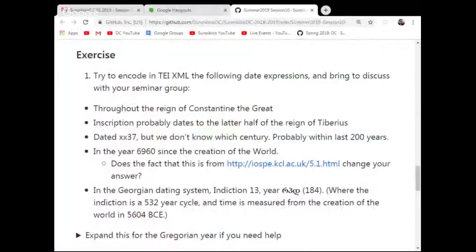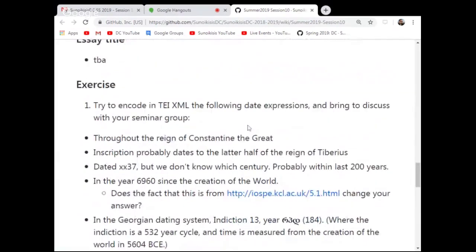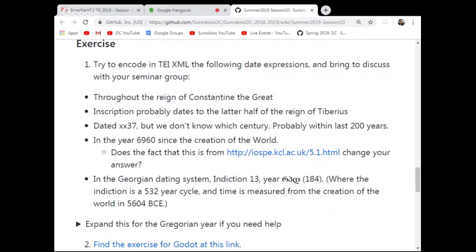Can you see the exercise text now? Yes. So this is from the bottom of the session page in GitHub for this session, and this is the exercise that Tamara and I wanted to propose for you all to try.